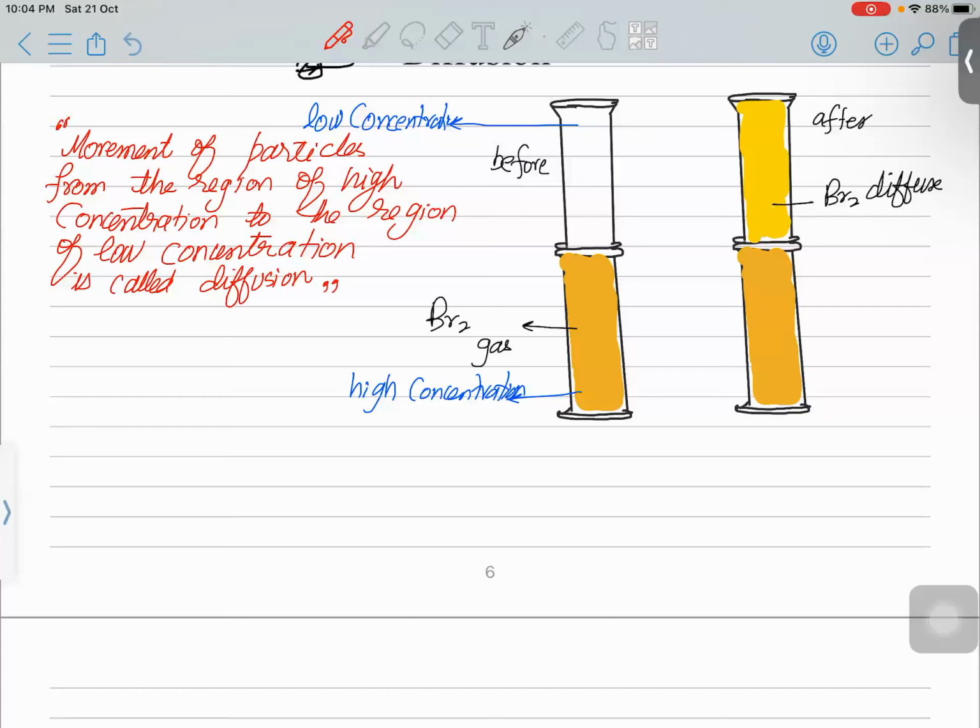And diffusion stops when equilibrium is developed, when they become uniform. Are you getting my point or not? Yes, sir.